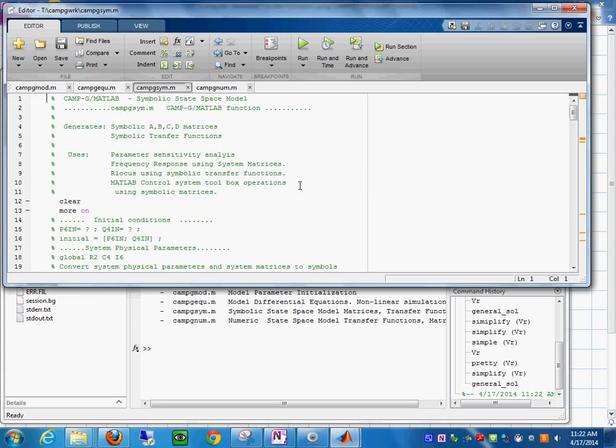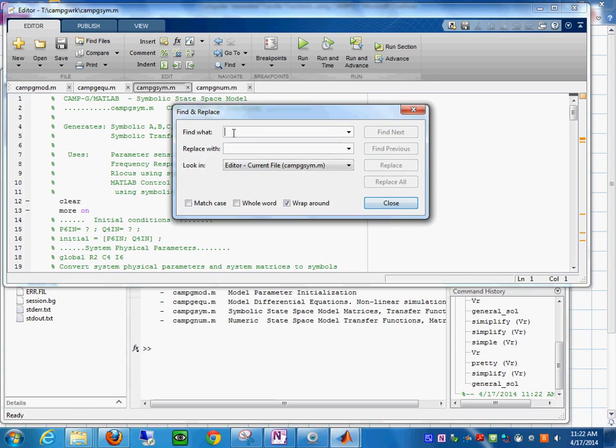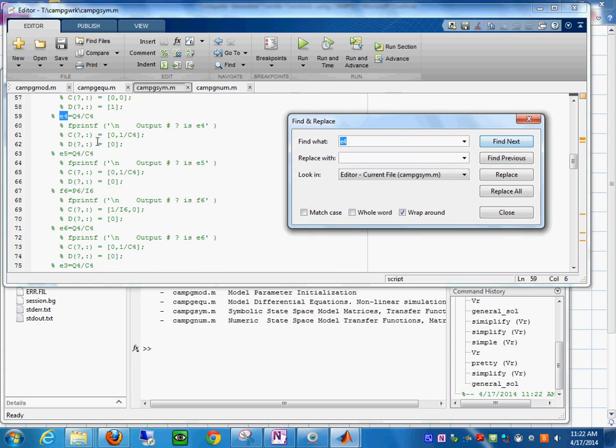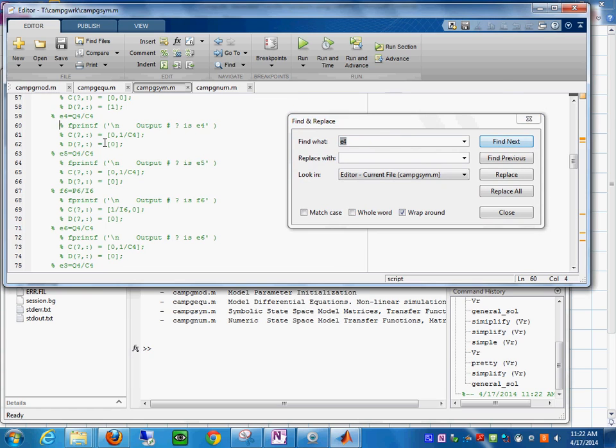So what I am going to do here is find E sub 4, which is my first output. The equations for E4 have already been derived, because CAMG generates the equations for all the E's and F's on the Bond Graph model.